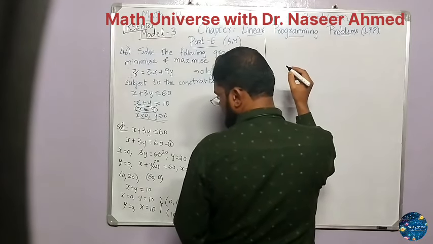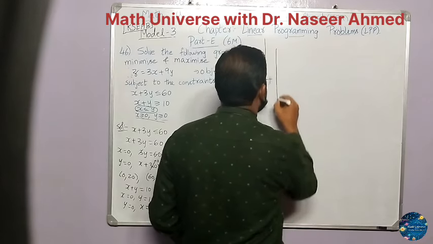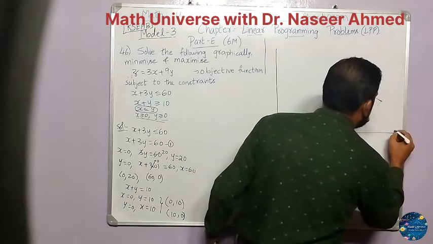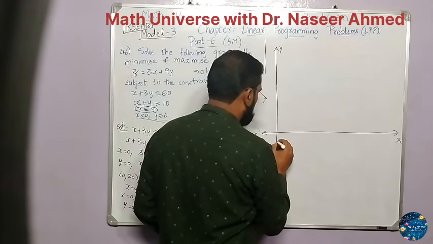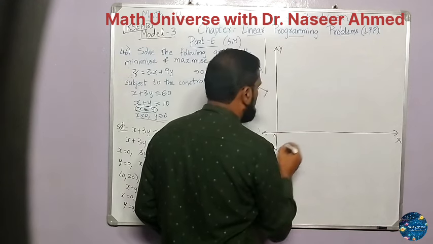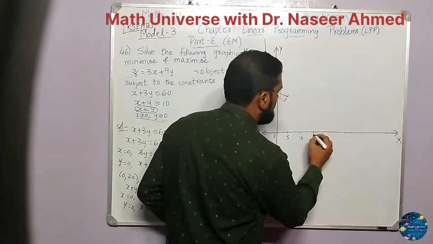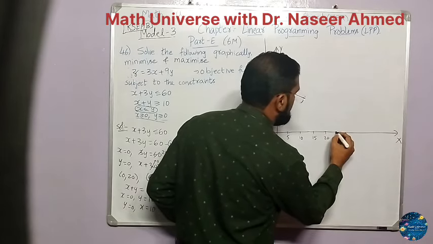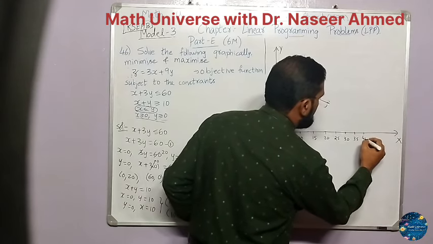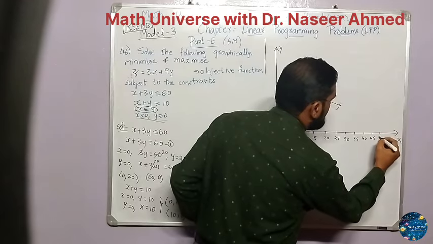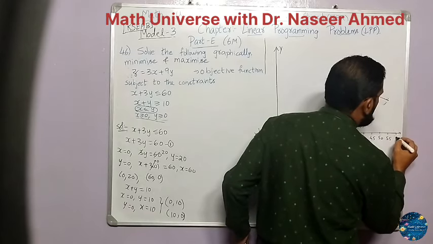So along the y-axis it is 10. Okay. 10, 15, 20, 25, 30, 35, 40, 45, 50, 55, and here let us have 60.